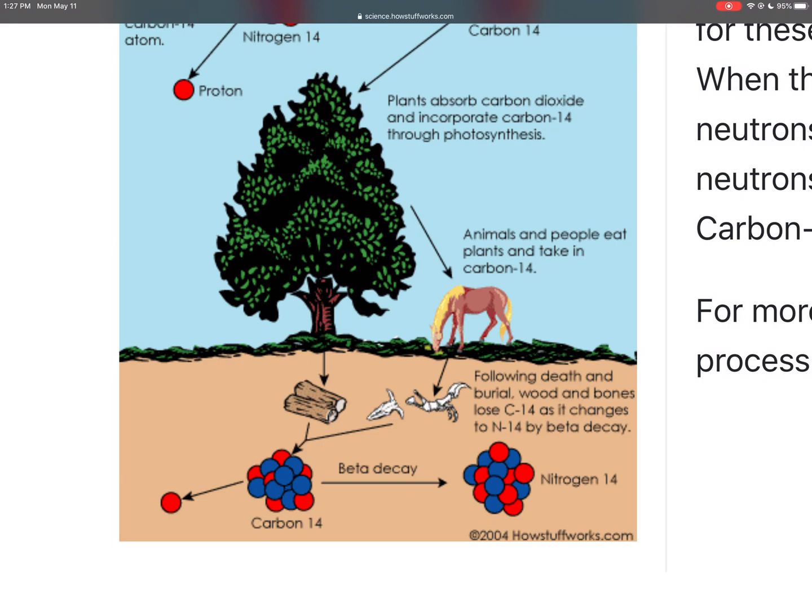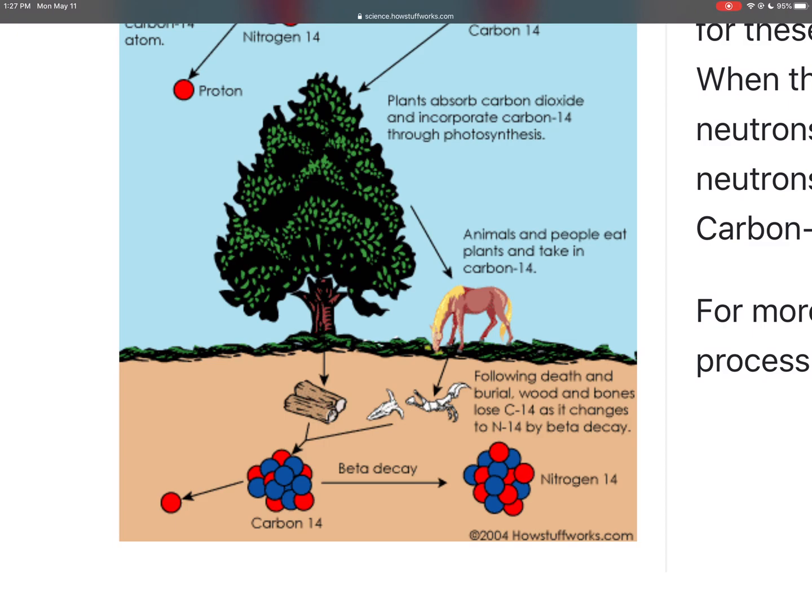Now here's what's really cool. Because carbon-14 isn't exactly stable, that proton that it gained, it can lose. And carbon-14, under those conditions, if you lose that proton, you end up going through something called beta decay. It's pretty neat.